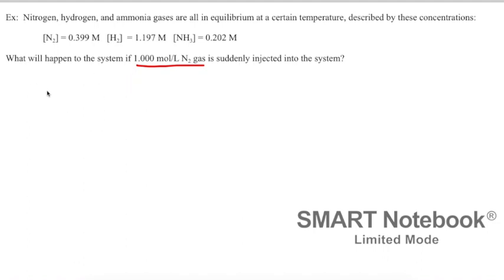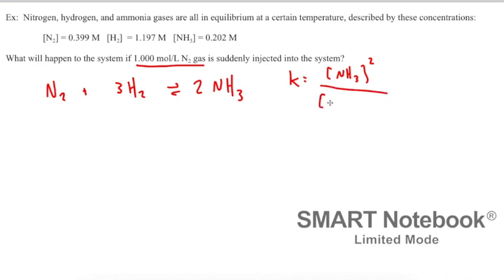Well, first let's write an equation. N2 plus 3H2 will yield 2NH3. These are all gases, so they all show in my equilibrium expression. My equilibrium expression K is, of course, going to be the concentration of NH3 squared divided by the concentration of N2 times the concentration of H2 raised to the third power.